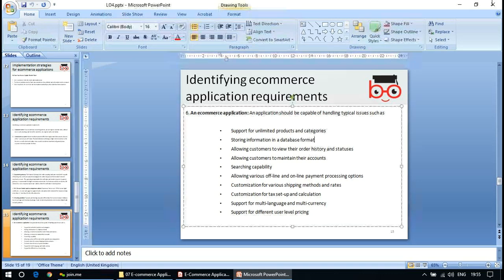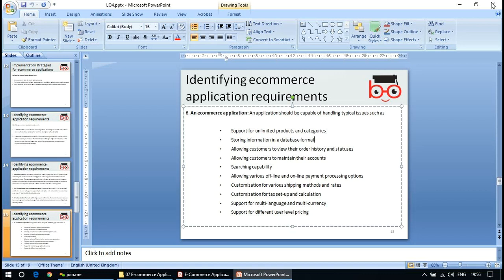Storing information in a database format. So instead of storing information in files, you need to use a database format. You know how? For example, if you have a server and you have hosting files, maybe let's say in HTML, by programming you can store the data into files as well.